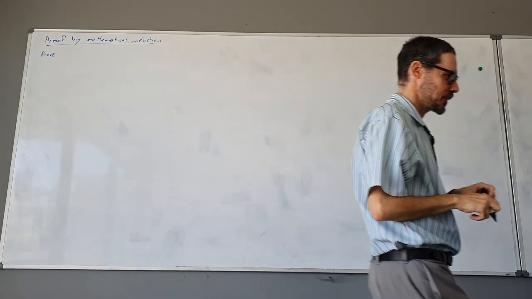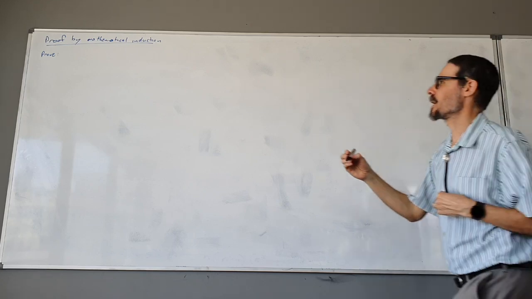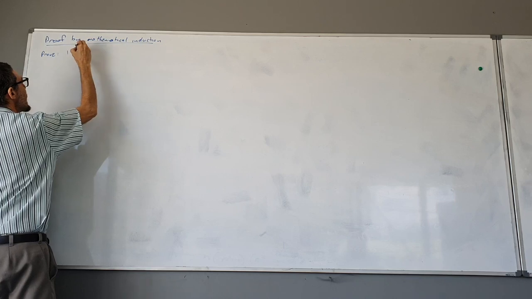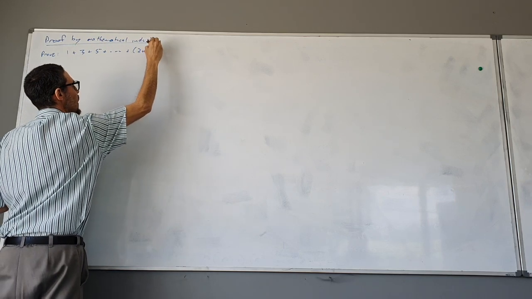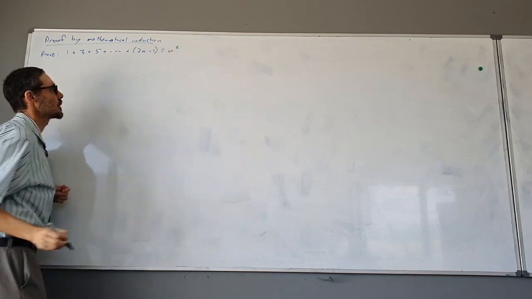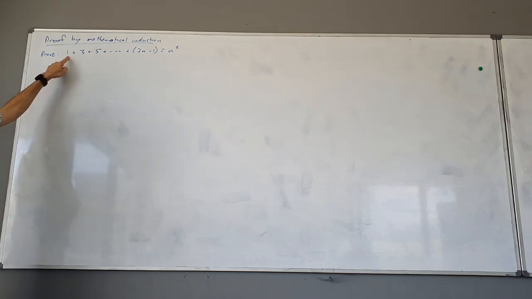Prove that 1 plus 3 plus 5 plus up to 2n minus 1 is n squared. So the first thing I'm going to do is think this through. 2n minus 1, is this n equals 1?